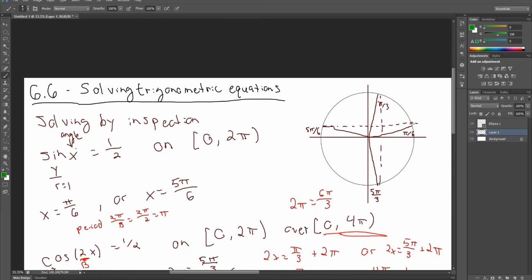I'd start going around, I'd hit pi over 6, I'd go all the way around, I'd hit 5 pi over 6, I'd keep going around, I'm now going 2 pi, I'd hit pi over 6 again, but this is actually now plus 2 pi. And then I'd go around and hit 5 pi over 6 again, but adding 2 pi. And then complete 2 periods.